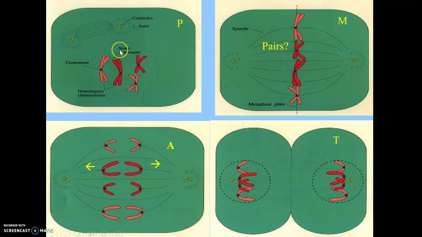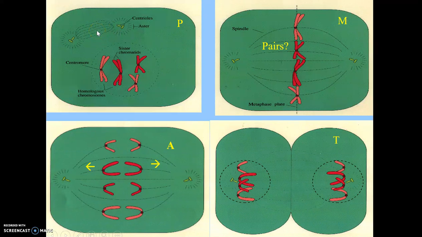The other things that happen during prophase: our centrioles, I'm getting words mixed up. Our centrioles are these organelles that produce these proteins called spindle fibers. And the spindle begins to grow from these centrioles. As that happens, the spindle fibers will come in contact with each other here in the center.